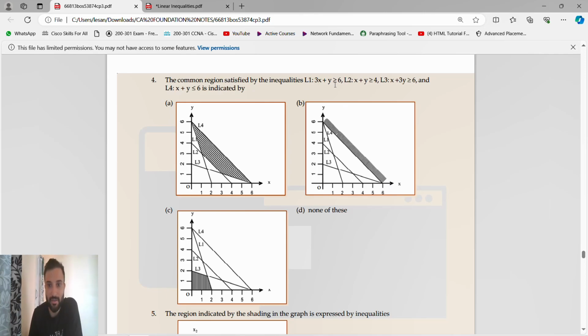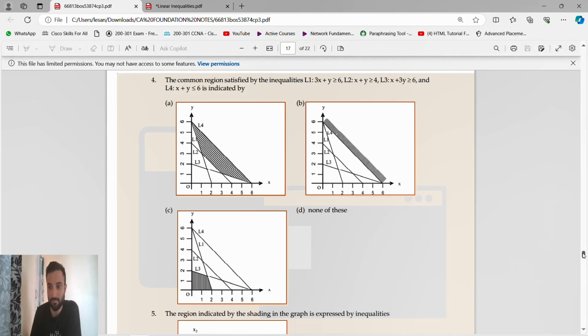Now, greater than, lesser than. L4 is lesser than means this is the line 4, L4. L4 is lesser than means it will come down. So A, because all are greater than means all are going up, but L4 is lesser than, so it will stop there. Okay, this A is the answer.